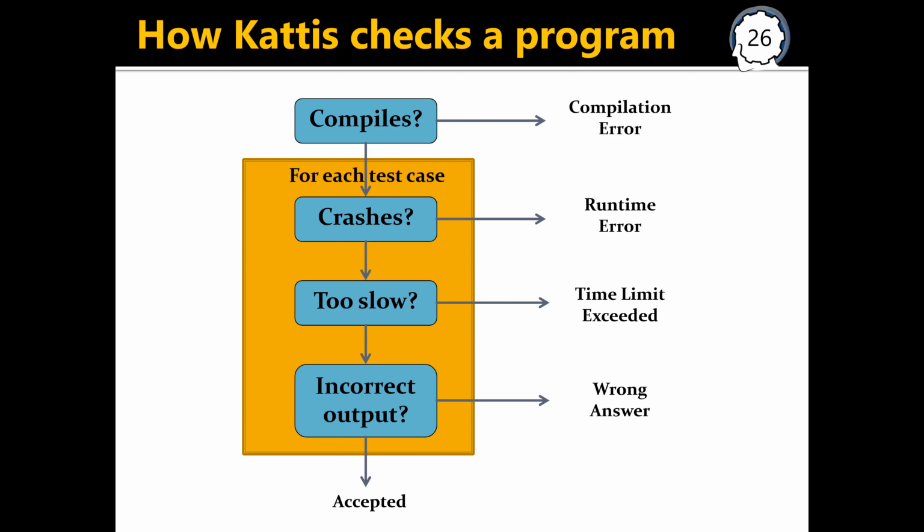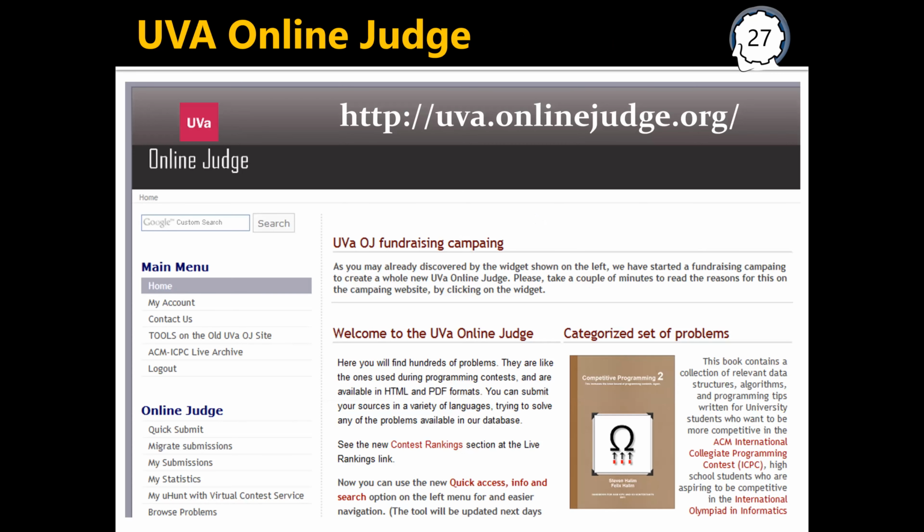If it takes too much time, you get time limit exceeded. If it finishes in time without crashing, it checks whether the output is correct. If the output is not correct, you will get wrong answer. If it solves that test case, it will go to the next test case. And if you get the right answer on every test case, then you will get accepted. This is how to interpret the output of CATIS.